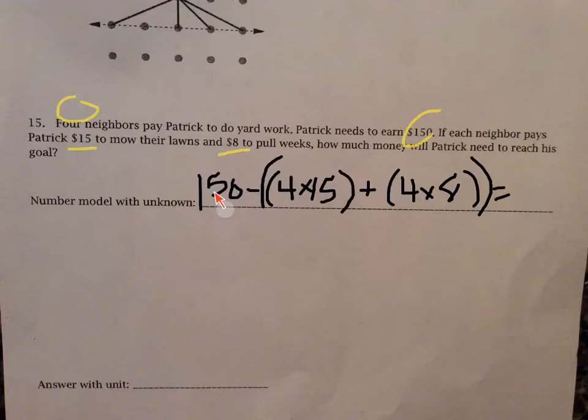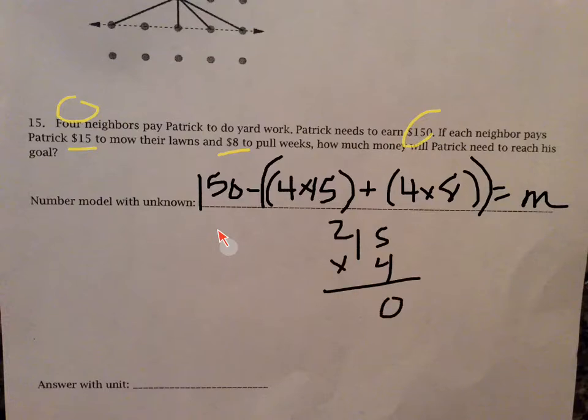So let's solve. 15 times 4. 5 times 4 is 20, 4 times 1 is 4, plus 2 is 6. So he's getting $60 here. 4 times 8 is 32. I'm going to then add 60 plus 32, which gives me $92.